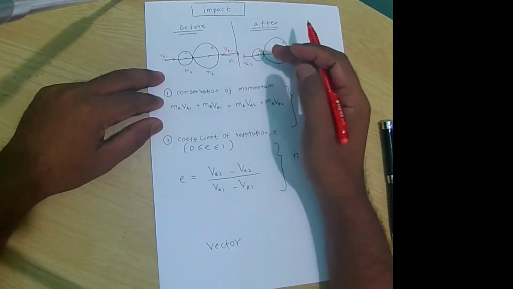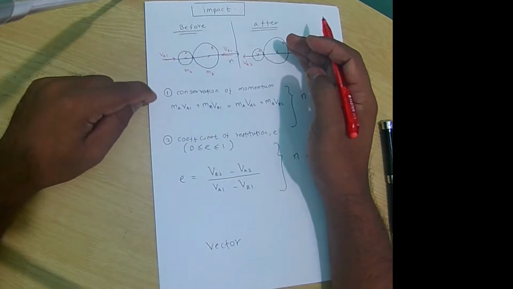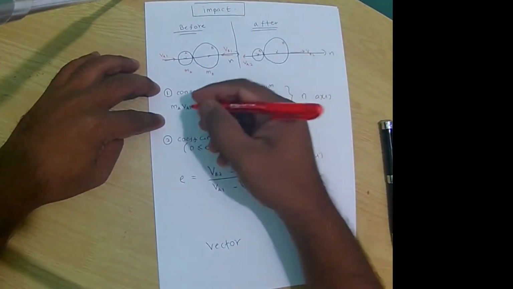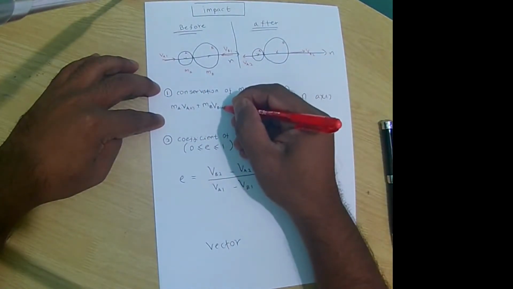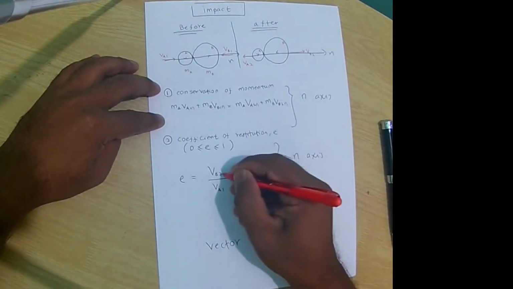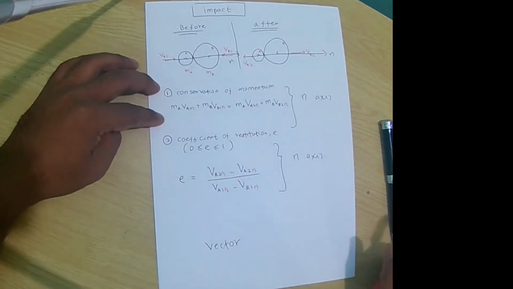If we have the other type of impact, which is oblique impact, you have the n-t axes. This equation is only valid for the n-axis components: MA VA1 in the n-axis, VB in the n-axis, all only in the n-axis.